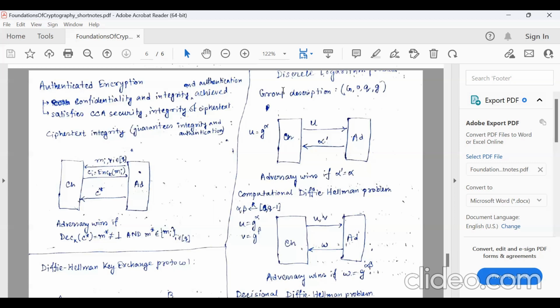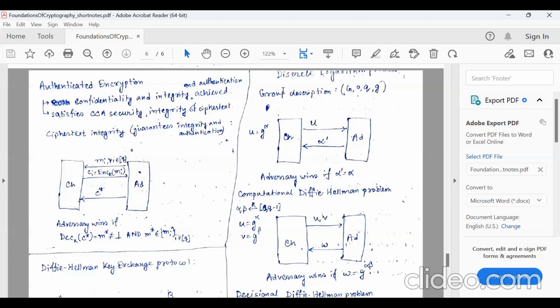That means if small g is the generator of the group capital G, then g to the power 0, g to the power 1, till g to the power q minus 1 is nothing but a permutation of all the group elements in capital G. And q is here the size of the group, or order of the group.